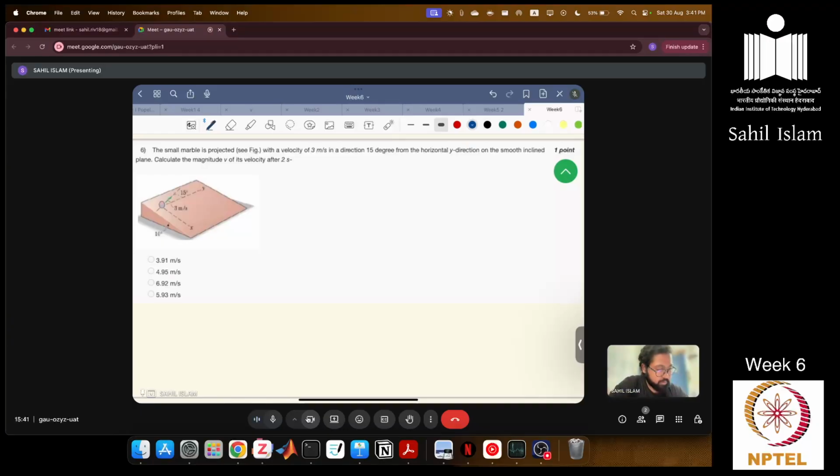A small marble is placed on the inclined plane in the figure with a velocity 3 meter per second, in a direction of 15 degree.